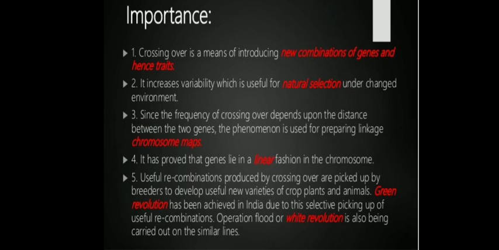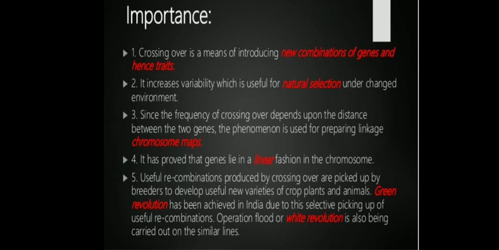Now, after crossing over is carried out, the selective recombinations are picked up, and then multiple copies of those recombinations are bred so that, in natural selection also, those species will be selected, and even in adverse conditions those animals or plants can survive and give a larger yield.